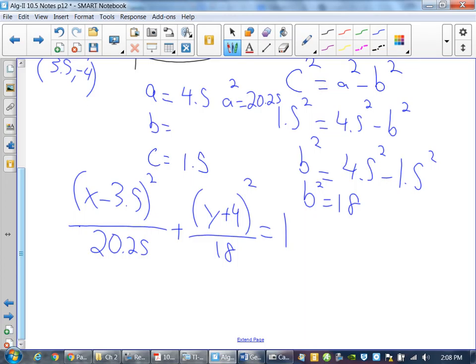It all stems back from remembering what things stand for. Remember, A is center to vertex, B is center to co-vertex, C is center to foci. As long as you keep that together, it's easy. That's pretty much it.